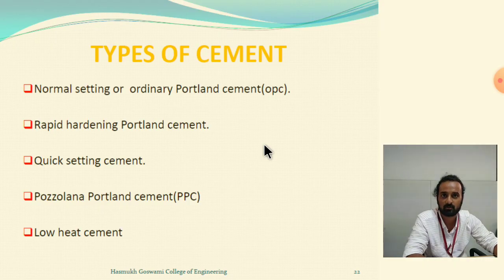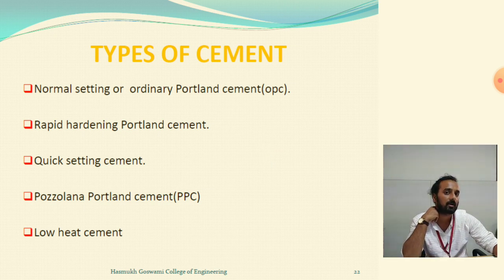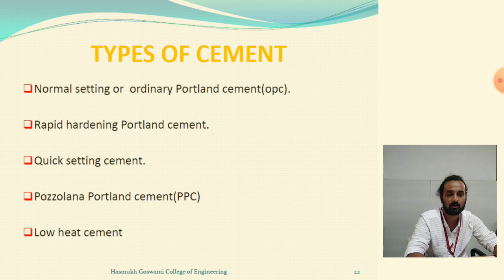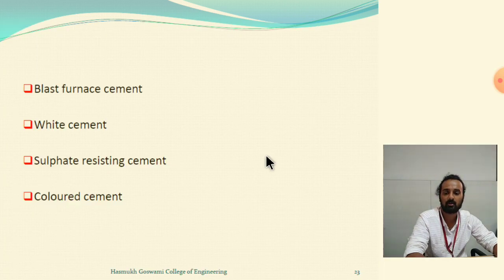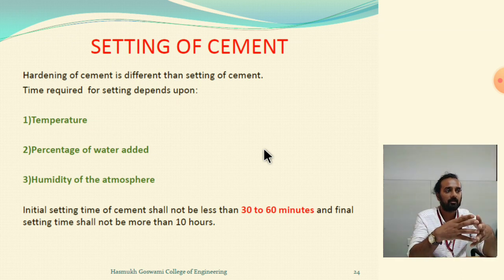Some types of cement we are going to discuss: normal setting ordinary Portland cement, rapid hardening Portland cement, quick setting cement, pozzolana Portland cement, low heat cement, blast furnace cement, white cement, sulfate cement and colored cement. Cement has some properties which we are going to discuss.